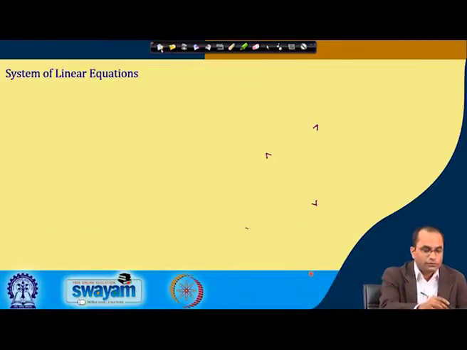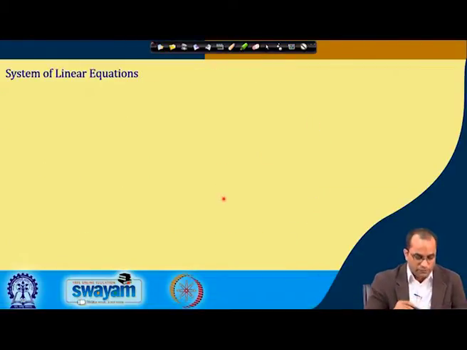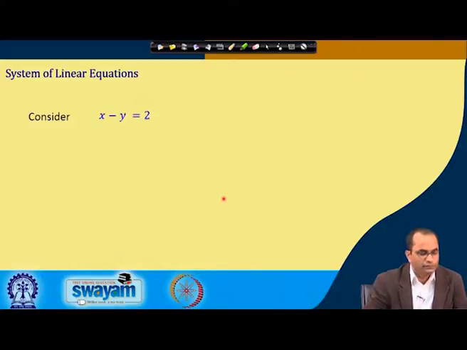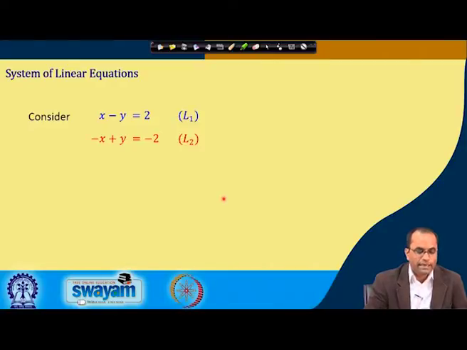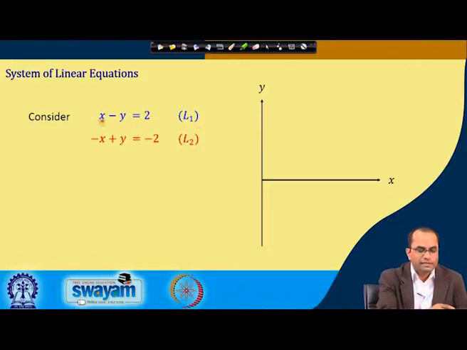Coming to the next and last case, we consider the system x minus y is equal to 2 and minus x plus y is equal to minus 2. Again, for the geometrical interpretation we need to plot these two lines. The first, x minus y is equal to 2, is given by this blue line here.